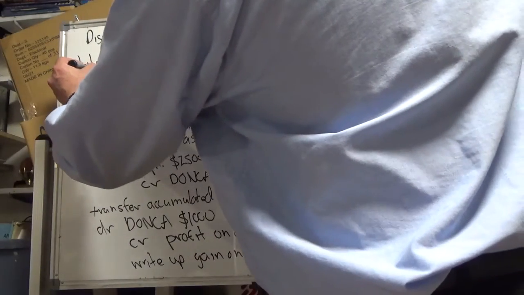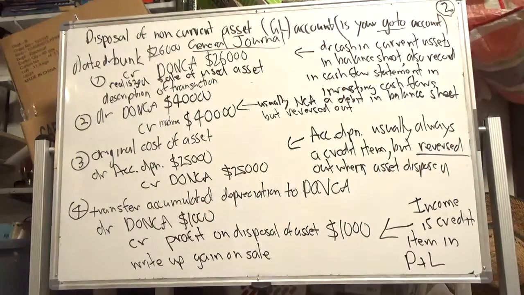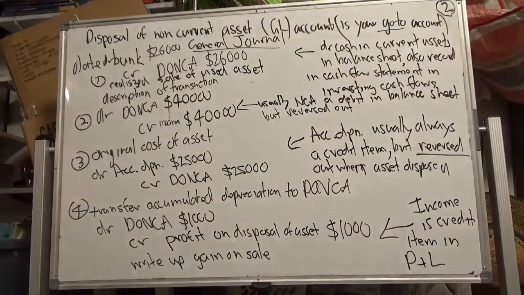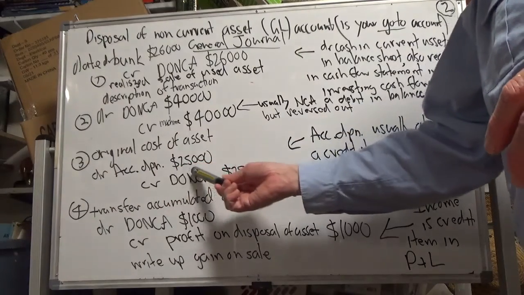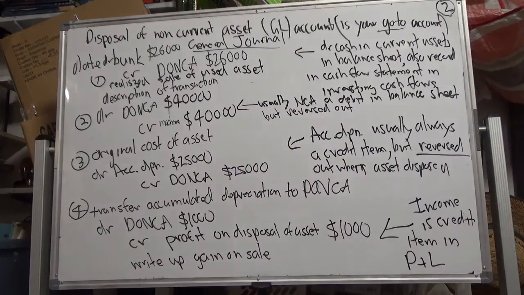The third general journal entry, the third one is you take care of accumulated depreciation in the bookkeeping entries after realised sale.